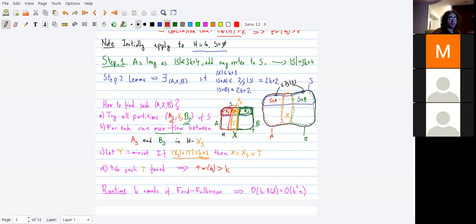So if my max flow min cut actually found a small separator Y that together with X_S has size at most k plus 1, then I have found the separation that I want.